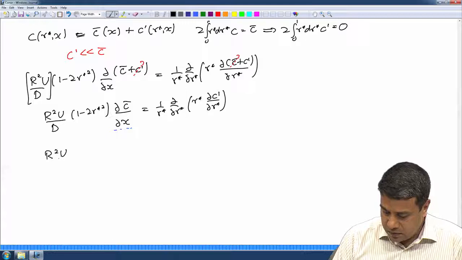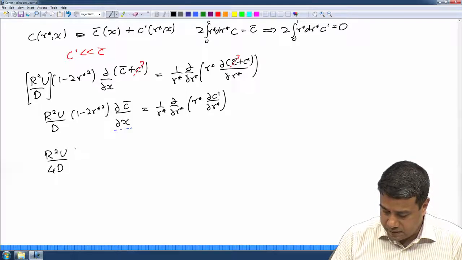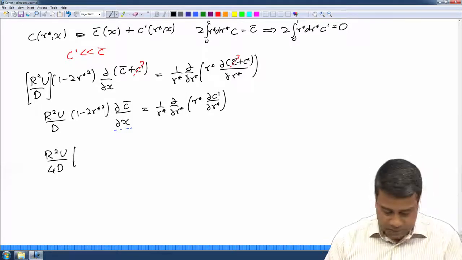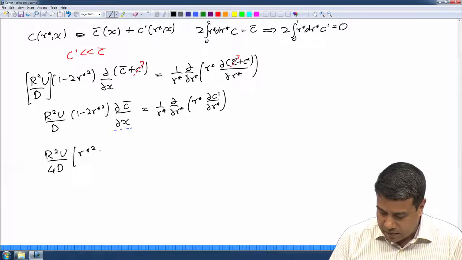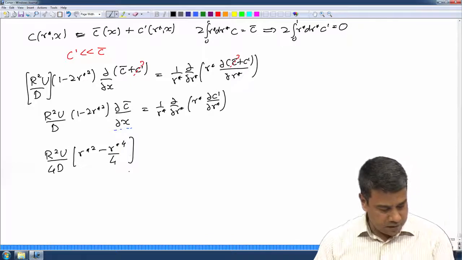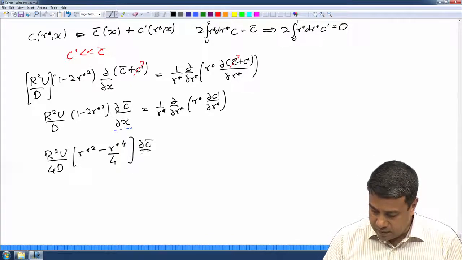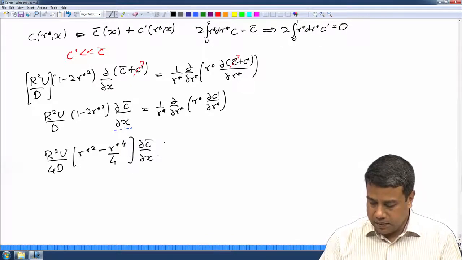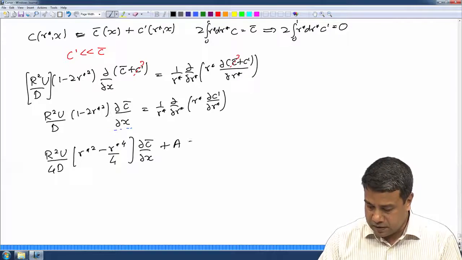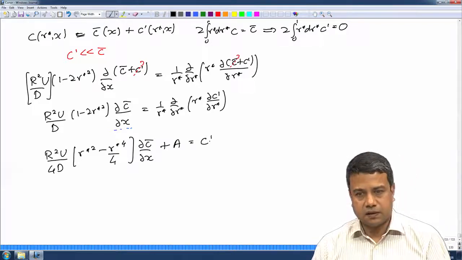r square u by 4 d, into r star square minus r star power 4 by 4, partial c bar by partial x, plus some constant of integration is equal to c prime.